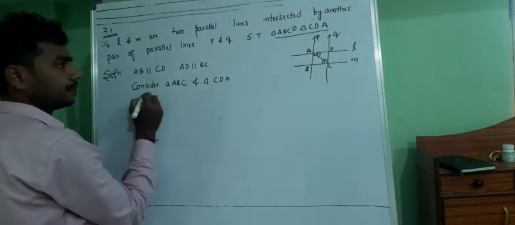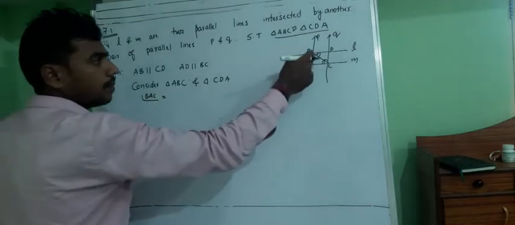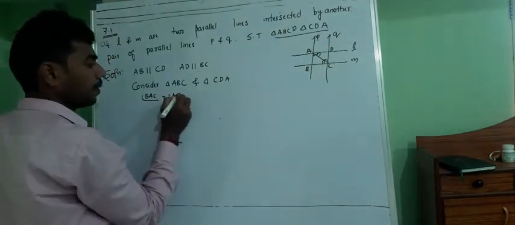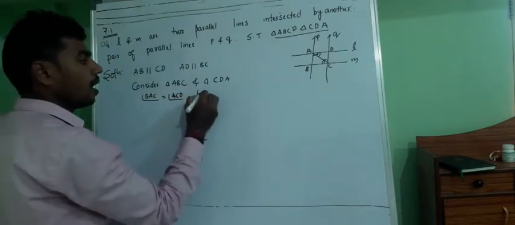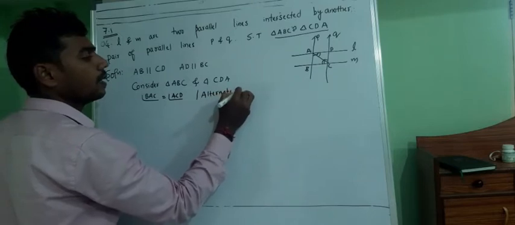Angle BAC is equal to angle ACD. Fine. Why? Alternate interior angle.